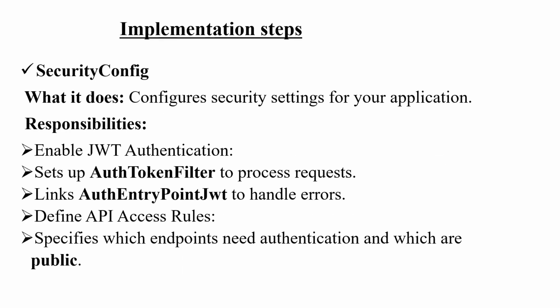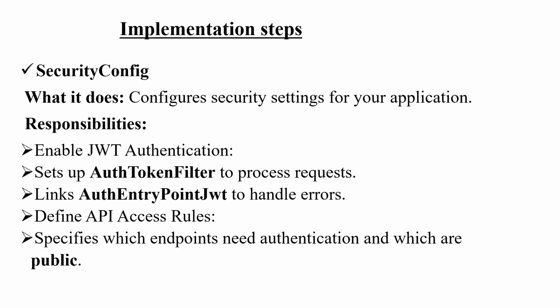Then we also have the security config. It configures security settings for your application. So what are some of the responsibilities of the security config? This security config should be annotated with @Configuration and @EnableWebSecurity. It enables JWT authentication and sets up the auth token filter.